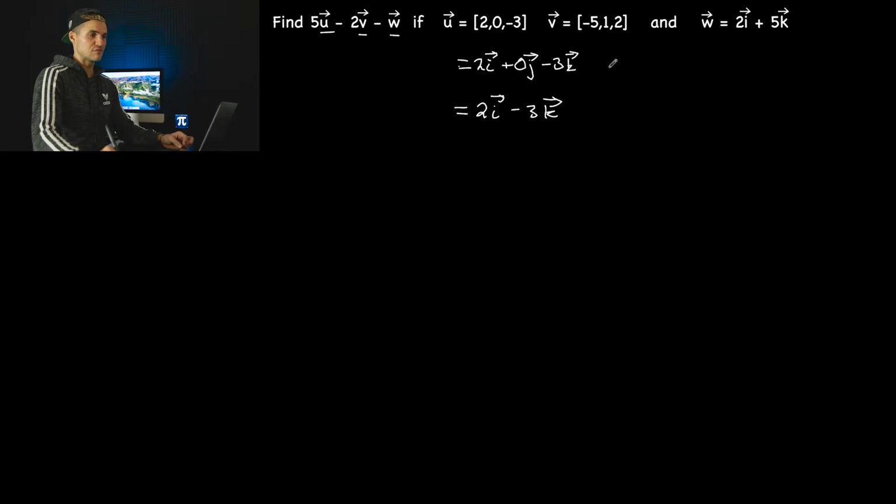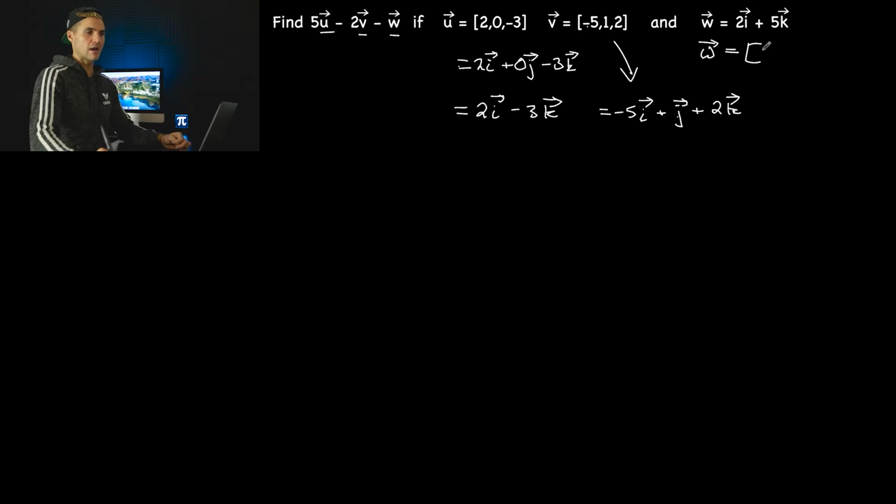And then you could write v here as negative 5i plus j plus 2k. Remember, vectors i, j, and k are the unit vectors for the components x, y, and z, respectively. Or you can take vector w and write it in component form, which is probably my preferred method.